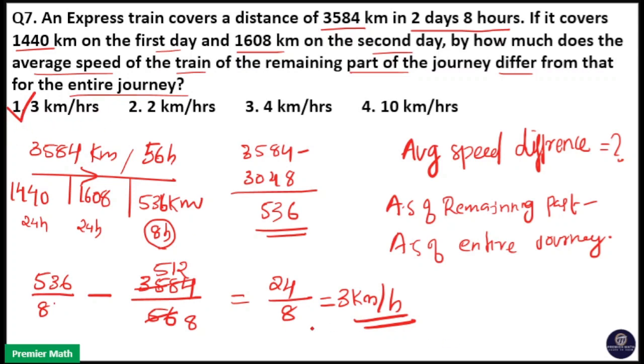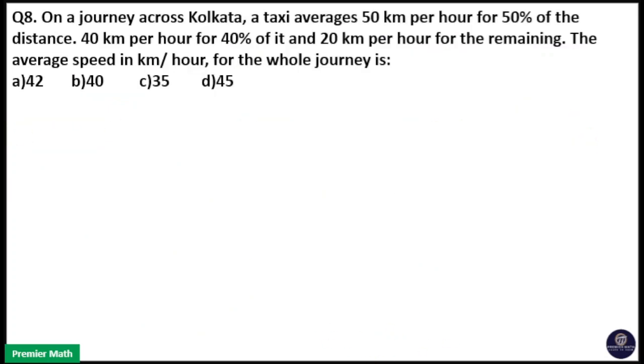Here option 1 is your answer. Next is question number 8. On a journey across Kolkata, a taxi averages 50 km per hour for 50% of the distance, 40 km per hour for 40% of it, and 20 km per hour for the remaining. The average speed in km per hour for the whole journey is?